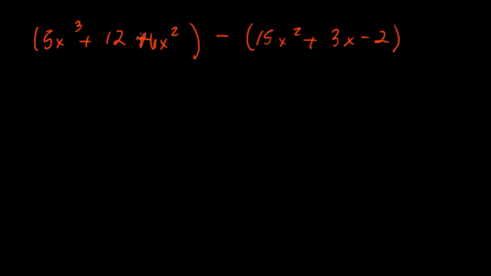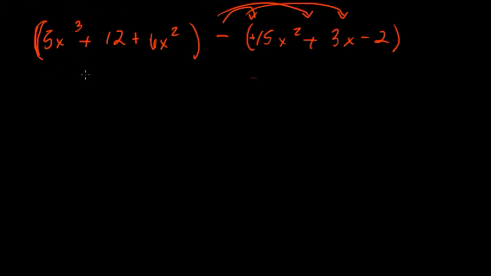Let me write that over again. Let's start off first by distributing this negative sign. Now, of course, you know when you distribute a negative sign, all signs change to the opposite. So this is a positive here, so that means it'll be a negative here. Well, we'll do that as soon as we write this out. So let's go ahead and take it. Now this is a 5, not a 15.